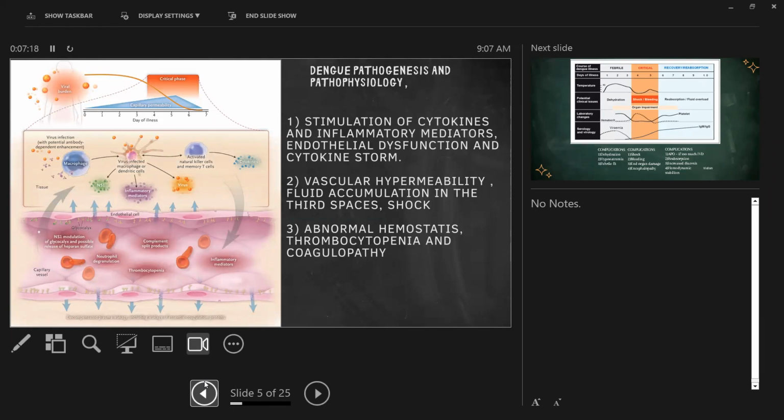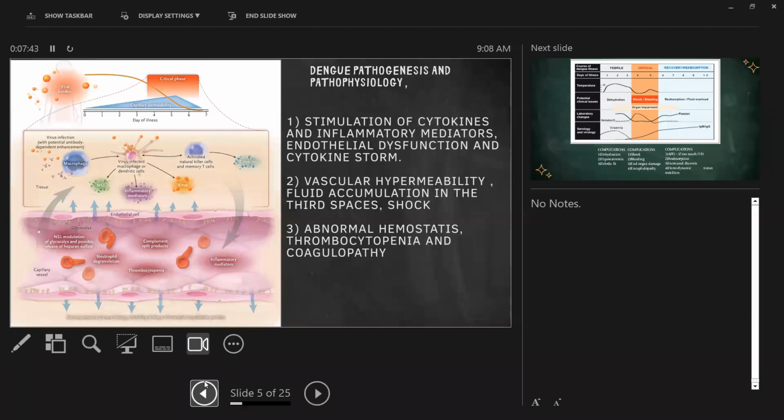But bear in mind, the majority of dengue patients are self-limited. Only a few percent, in the graph 5%, 10%, I can't remember, about 5% will go into severe dengue. Patients with a secondary dengue infection have a higher risk of severe dengue, but a primary dengue infection can also present with severe dengue.